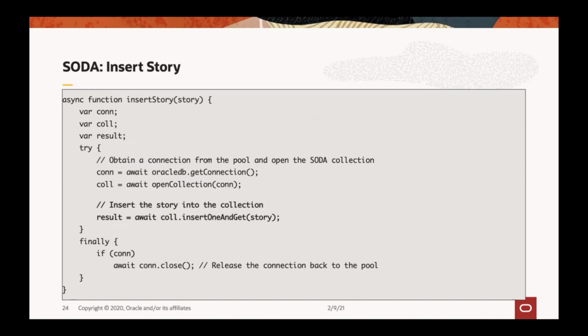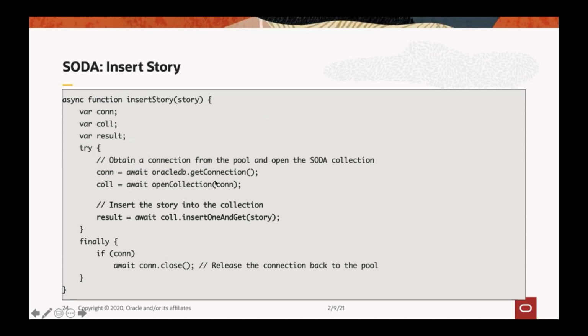So it opens a connection to Oracle database using this call. The line here says await OracleDB.getConnection. This is to obtain a connection handle from the pool, and we use that connection handle to open a collection handle. A collection handle is a handle to a Soda collection, and it's bound by a connection.